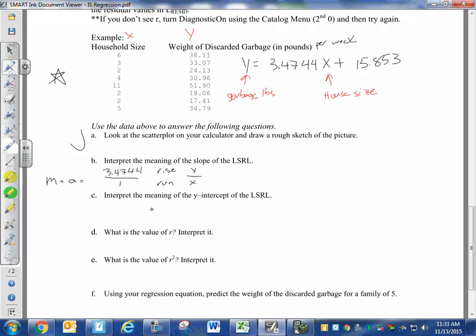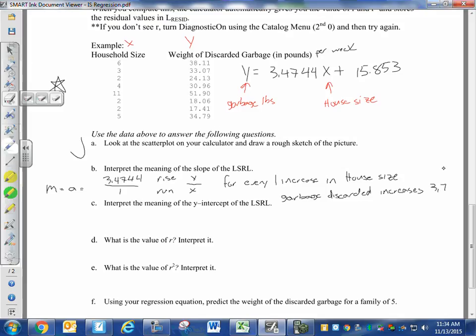For every 1 increase in house size, garbage discarded will be increasing by 3.4744 pounds.